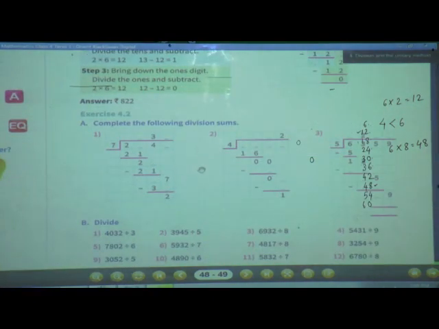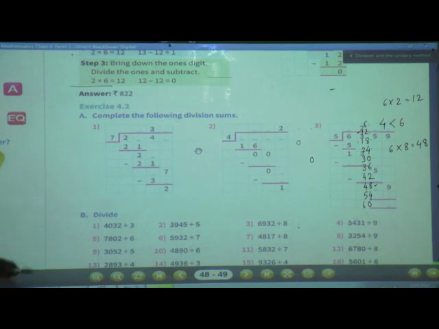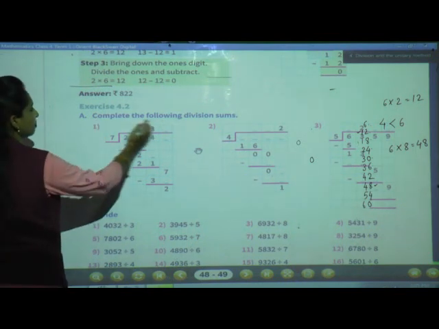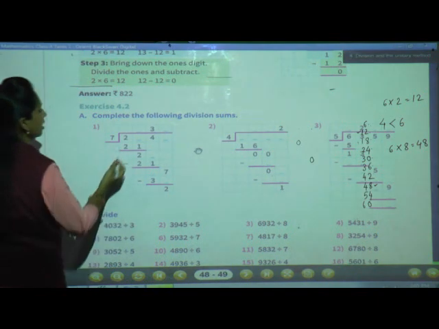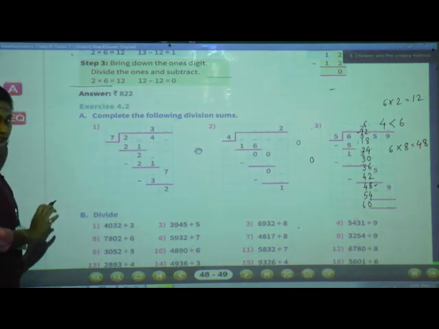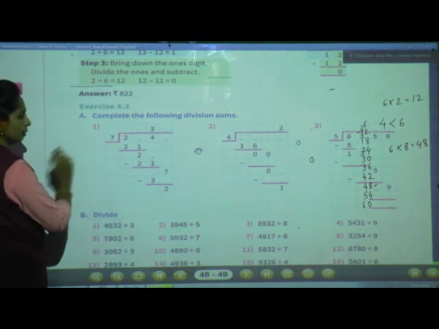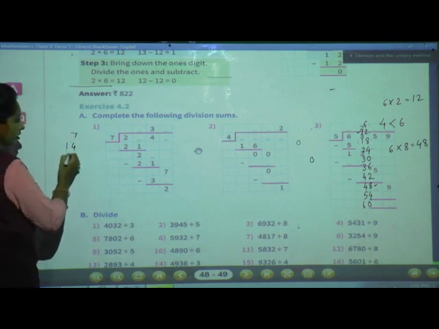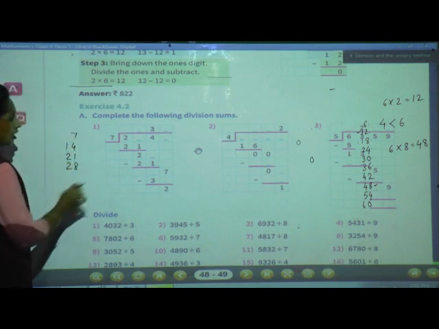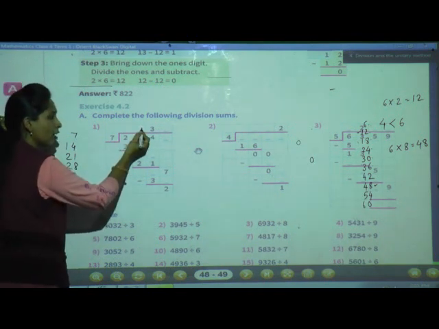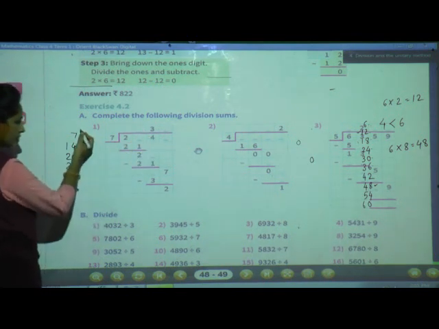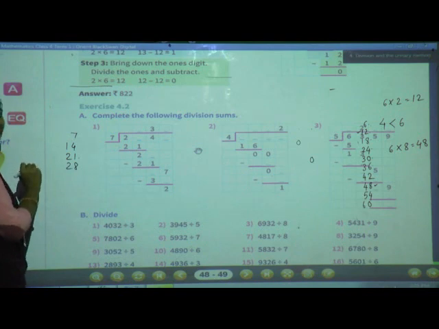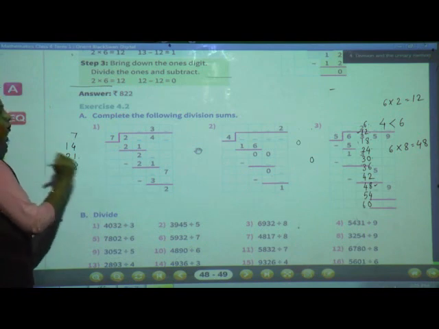Question number A. Now see, what is question A? Complete the following division sums. See, they have given fill in the blanks. Now it is about the 7 table, so we have to write the 7 table. See, how many sevens make 21? 3 times 7 is 21.